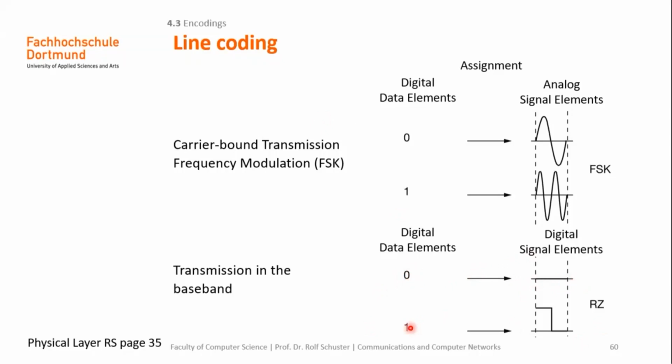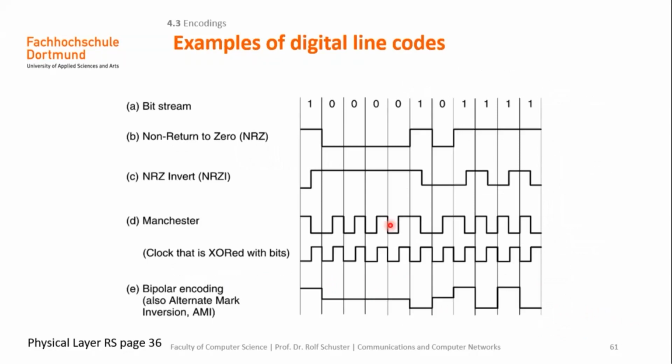But when we need to transmit 1, we could perform a change in the signal in the media, and this type of coding is called RZ, that is return to 0. Those are other examples of different digital line codes.